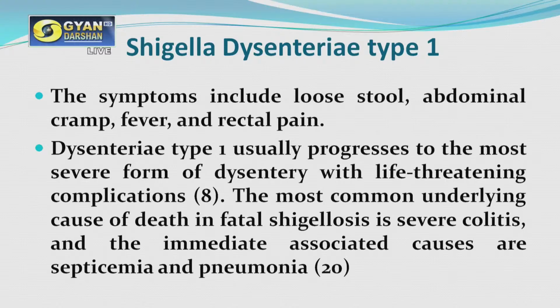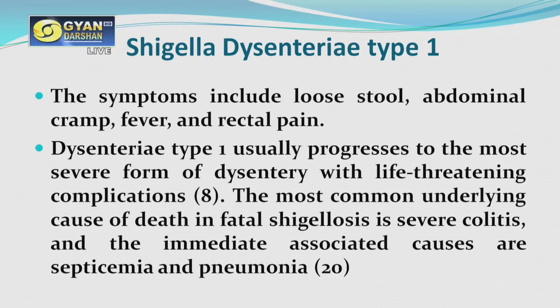Then if the cause of the loose motion is bacteria, it can be Shigella dysentery type 1. The symptoms include loose motion, abdominal cramp, fever and rectal pain. Shigella is identified through laboratory diagnosis.